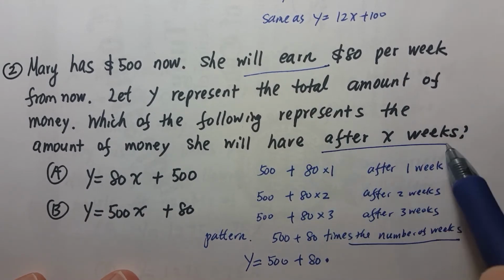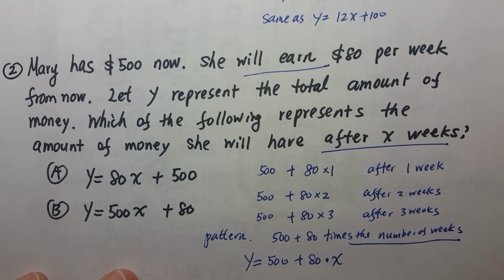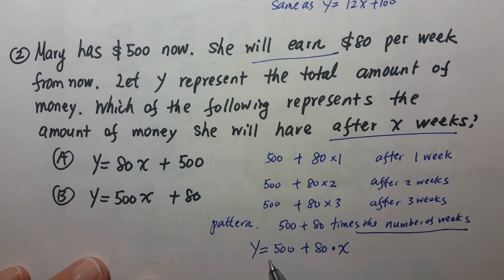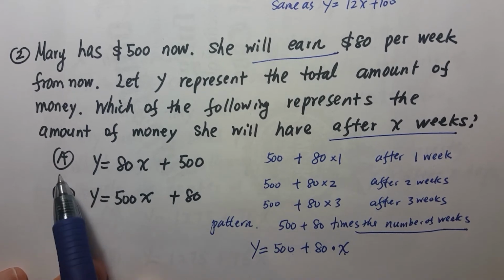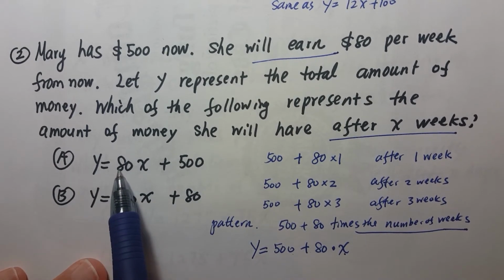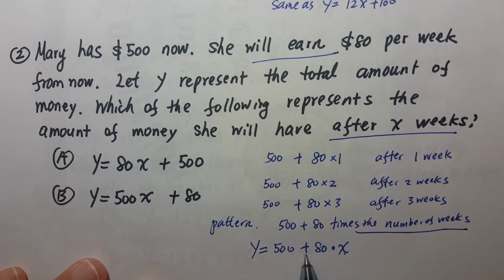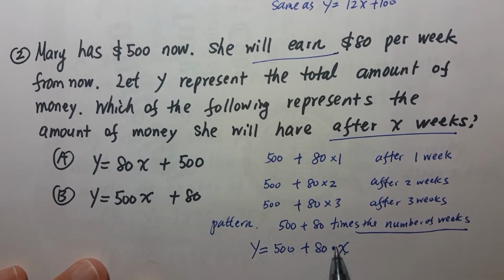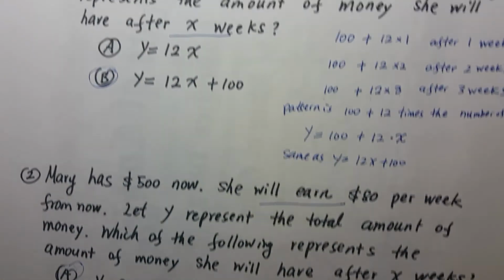It says over here X weeks, so times X. So we found the equation, Y equals 500 plus 80X. Choice A, Y equals 80X plus 500, is the same, because we can swap the order in addition. So we found the answer. That is choice A. Now let's take a look at number 3.